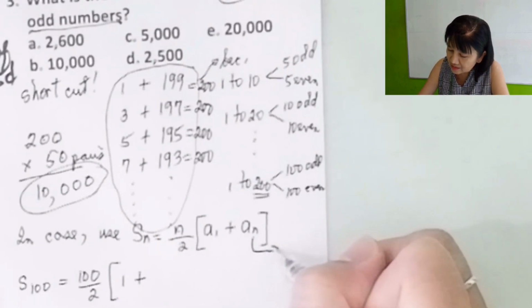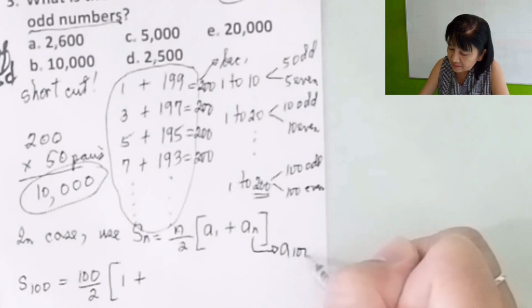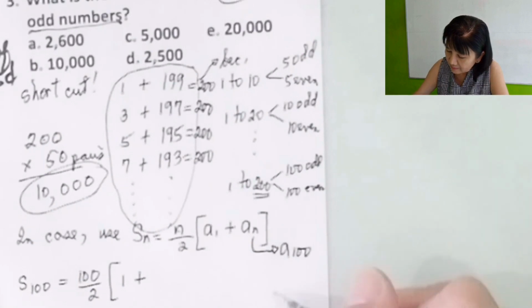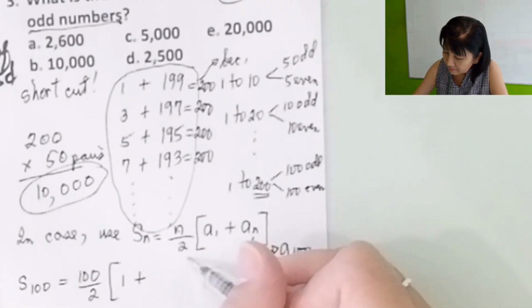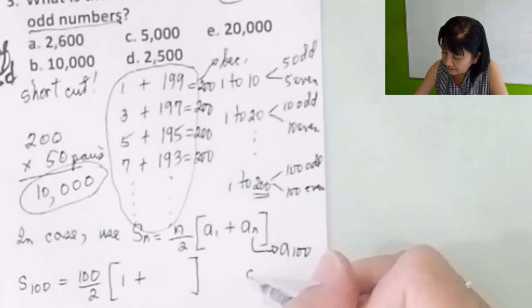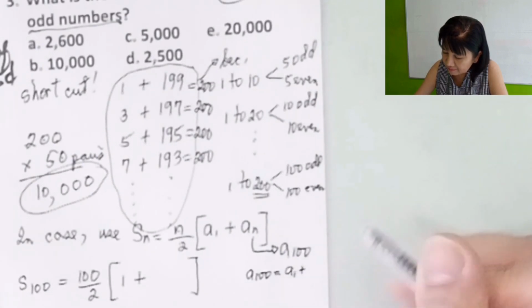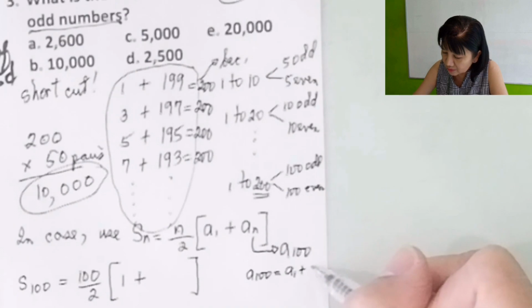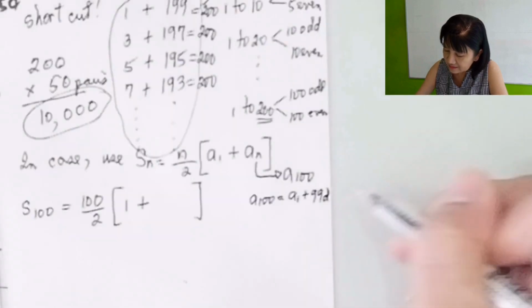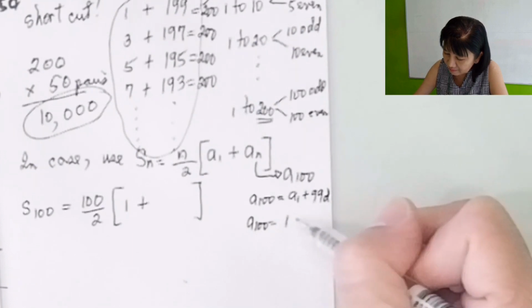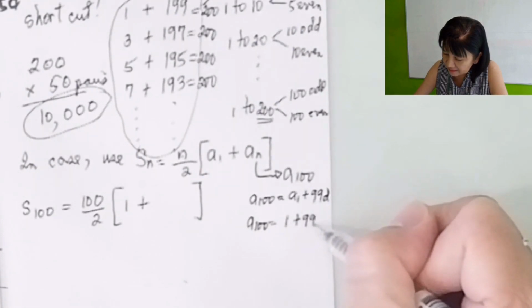So in this case, this is a sub 100. Now, if you want to solve for a sub 100, a sub 100 here is equal to a sub 1 plus n minus 1, 100 minus 1, or 99d. So a sub 100 is now 1 plus 99d.